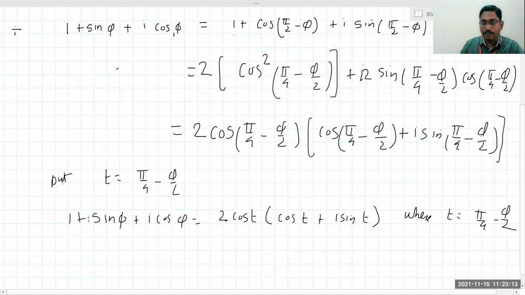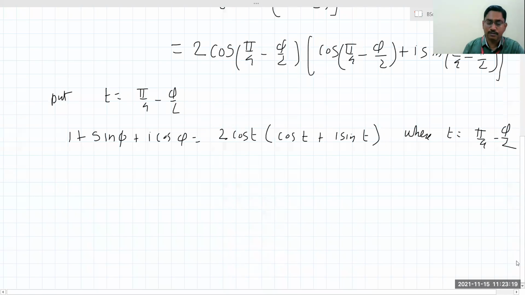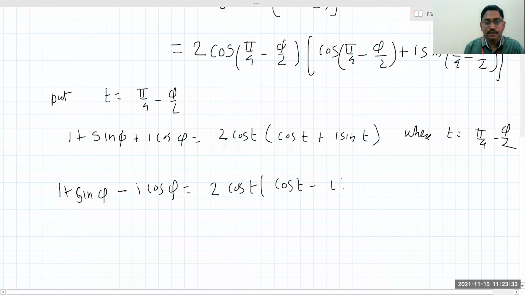What was the denominator? The denominator is just the conjugate of this term, so no need to calculate again. I just put a minus sign on the imaginary part. So it is 2 cos t times cos t minus i sin t, where t is pi by 4 minus phi upon 2.